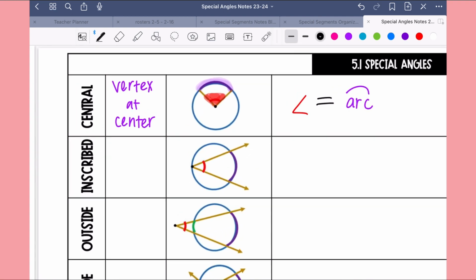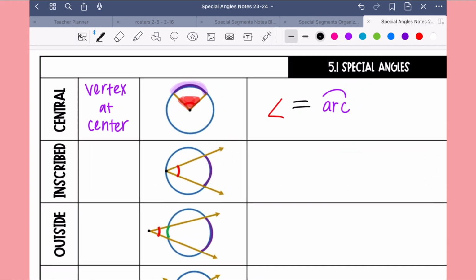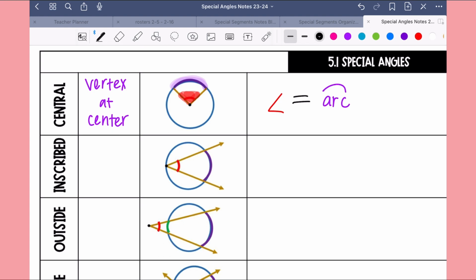All right. The next one is inscribed. So inscribed is when my vertex is on the circle. What does that mean? It literally is on the circle, on the outer edge of the circle, not inside, on the circle. So it's on this edge.